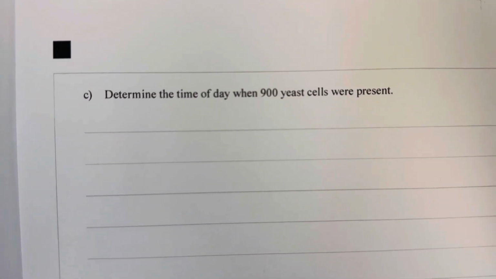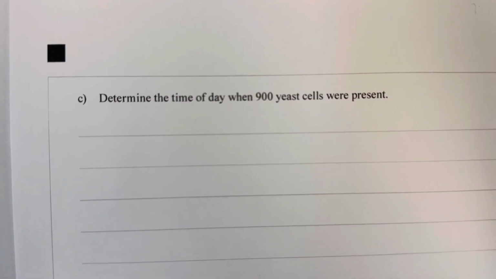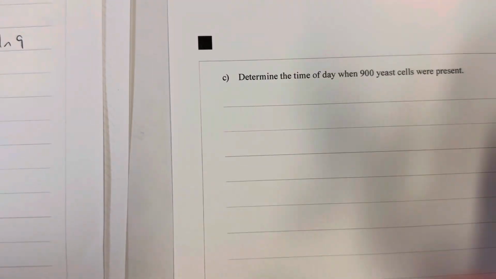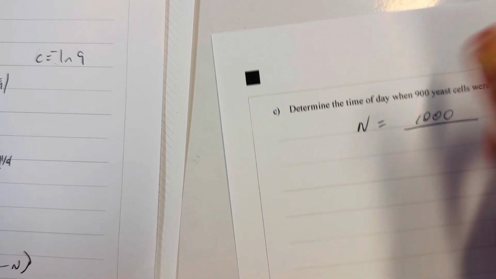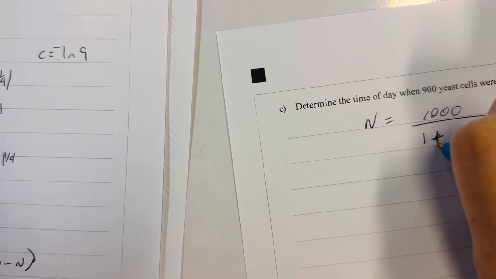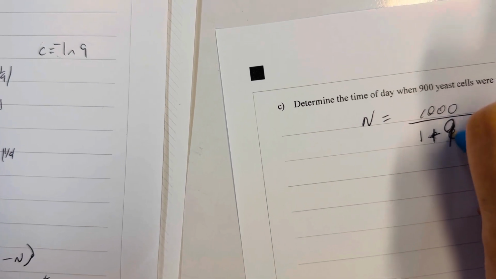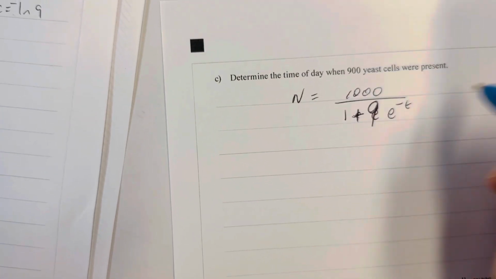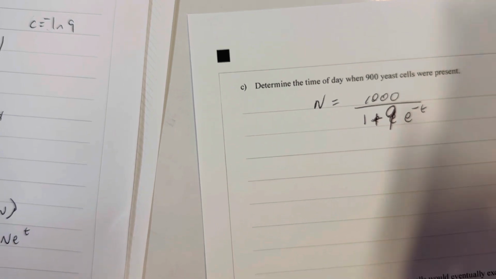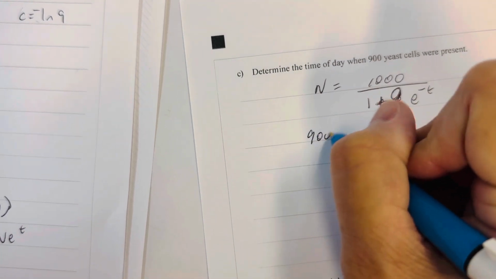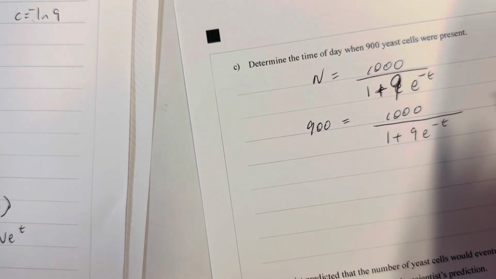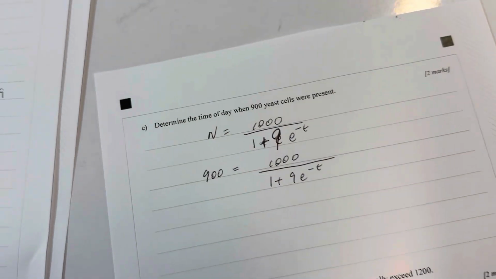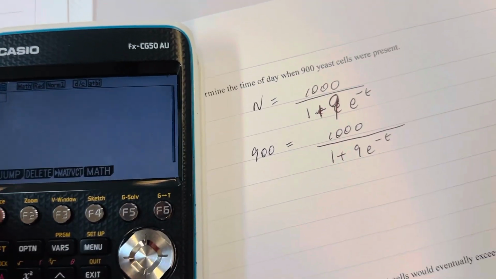And then we go to part C. Determine the time of day when 900 yeast cells were present. Now we know that N equals 1,000 over 1 plus 9e to the negative t, just from part B. We're told that N is 900, and we want to solve for t.